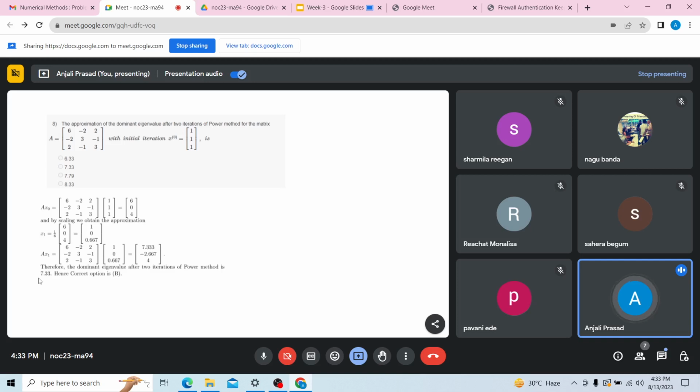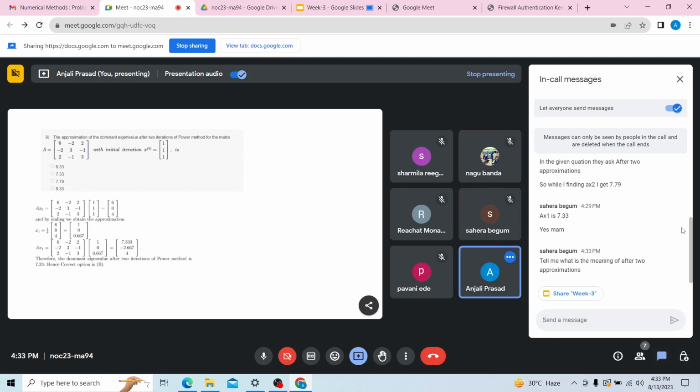It is after 2 iterations, not after 2 approximations. The AX1 that you have calculated is the first iteration. Then you move to the next iteration.